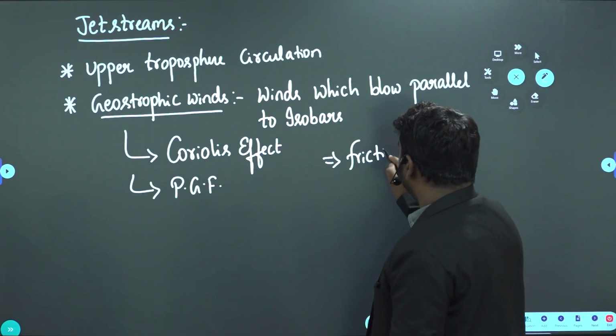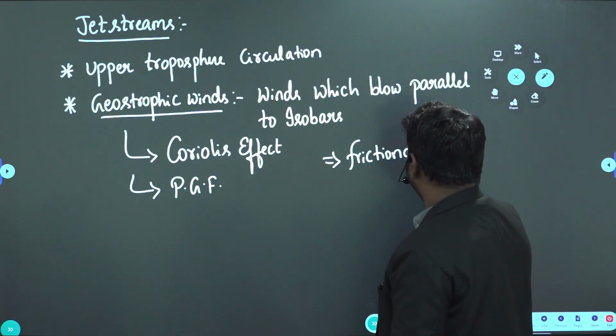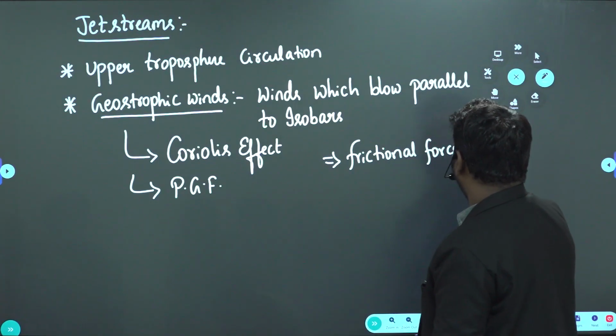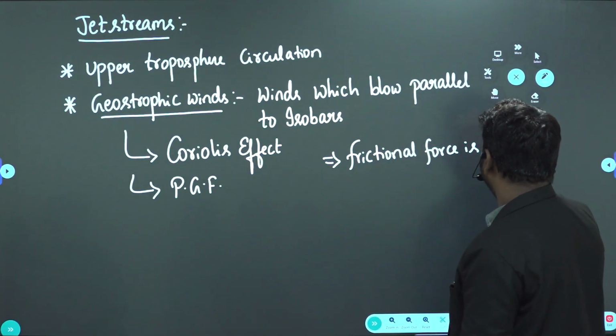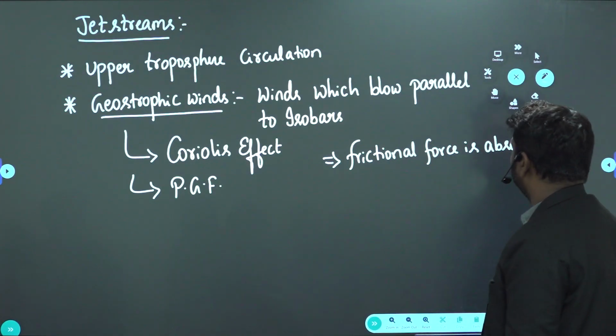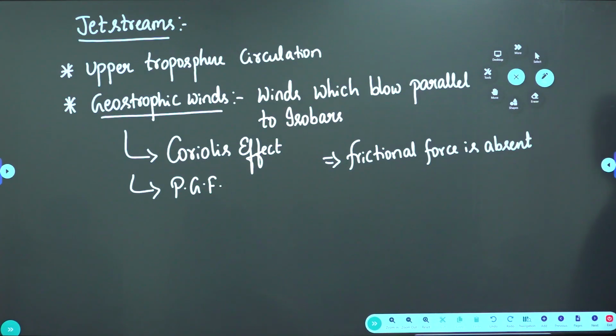Remember, frictional force is almost absent in the upper troposphere. So these 2 forces are responsible for jet streams.